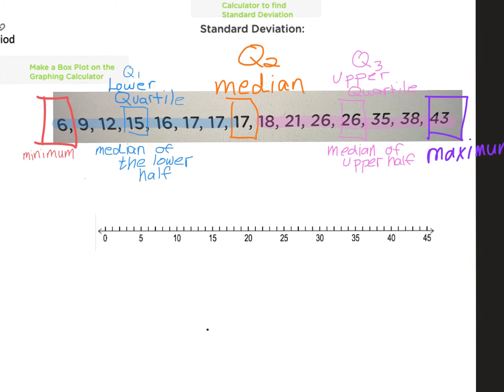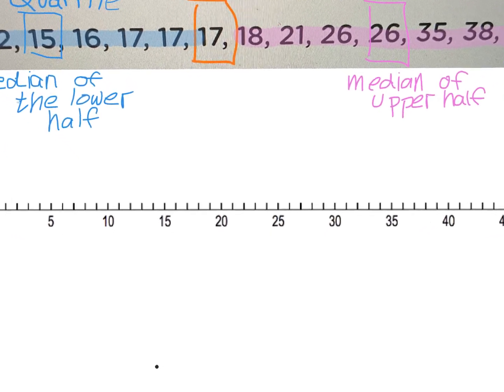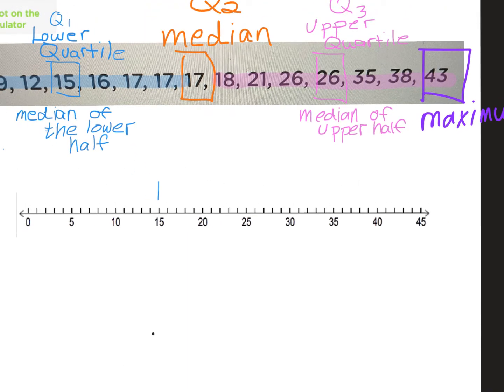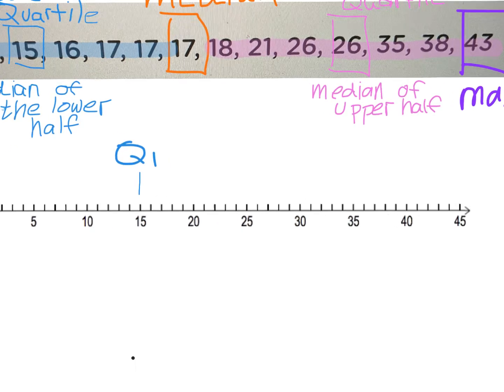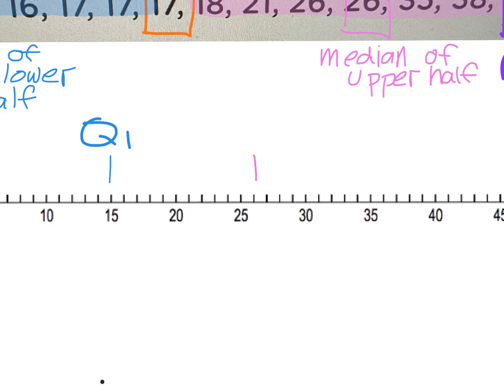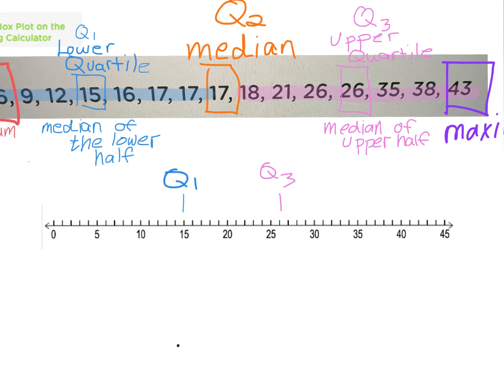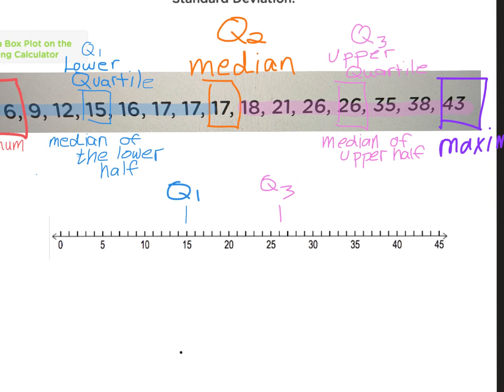So I'm going to zoom in, and the left side of my box is going to be at 15, where that Q1 is. And the right side of my box is going to be at 26, where that upper quartile is. I've got it color-coded so you can kind of see what goes with what.